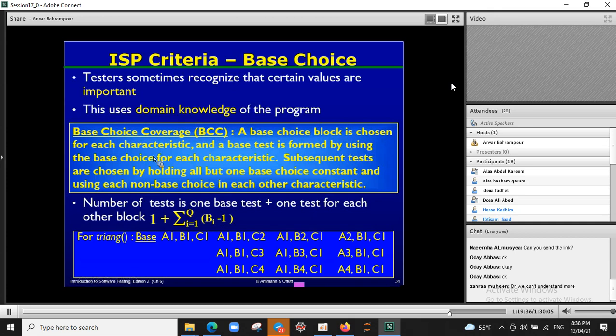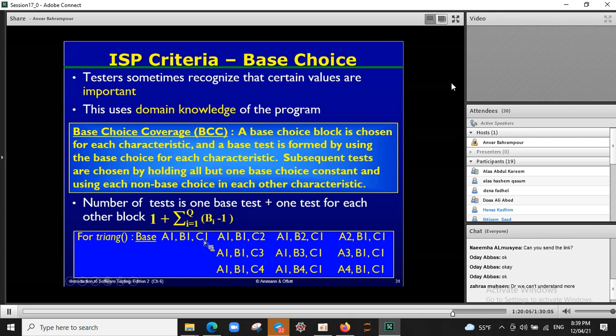Base choice nodes. There are some considerations to select the base test or the base choice. As I told you, for this example, all of us know that the sides of any valid triangle should be greater than 1.